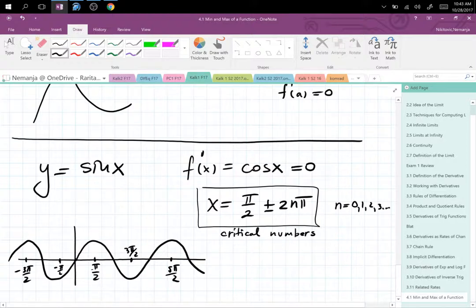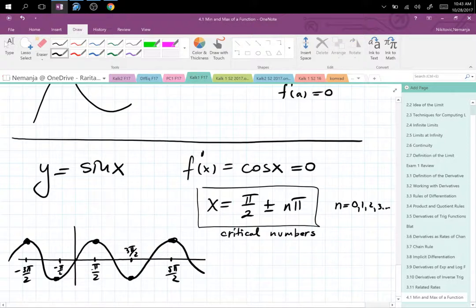You can see that every single max and every single min that you see are on this pile over here. Oh yeah, plus n pi. Yeah, plus n pi. You're right.